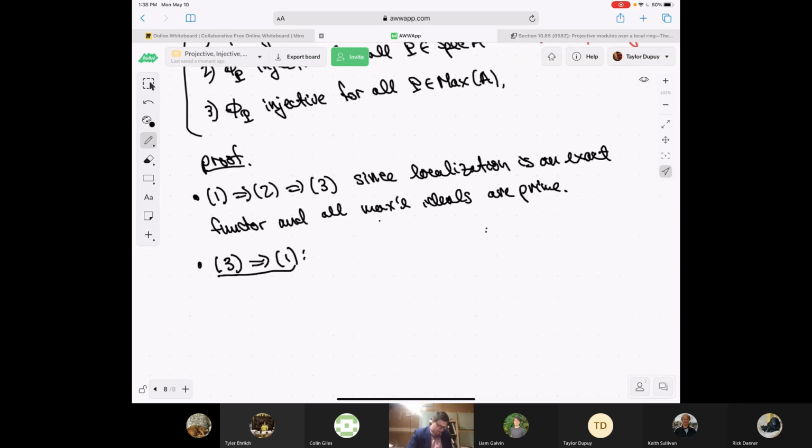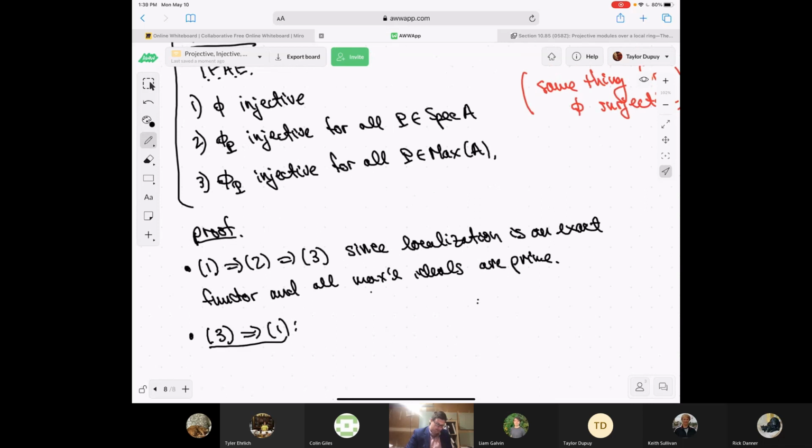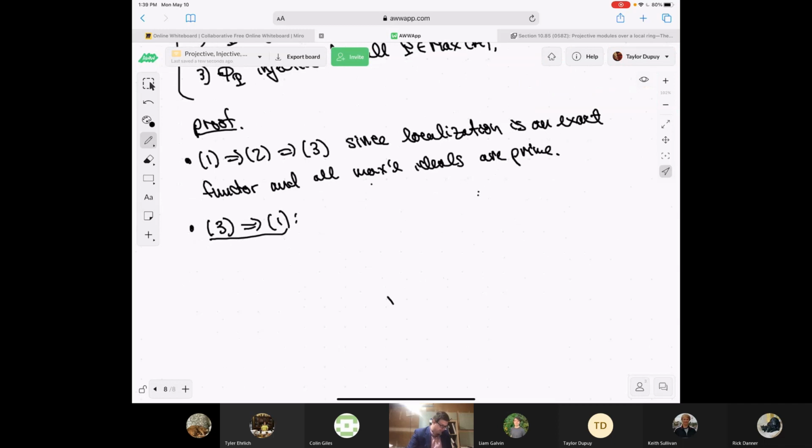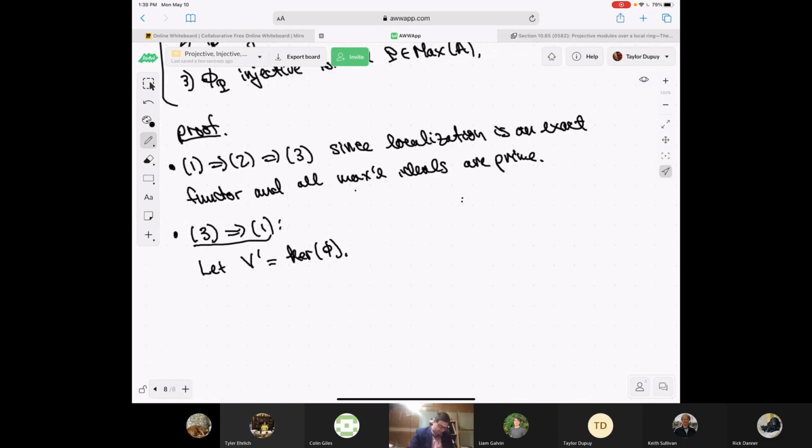We're going to assume that the map is injective for all p, and then we're going to show that phi, the original one, is injective. So let V prime be the kernel of phi, and I'm going to show that that's 0. You can already see that I'm going to localize. The sequence 0 to V prime to V to W is exact.